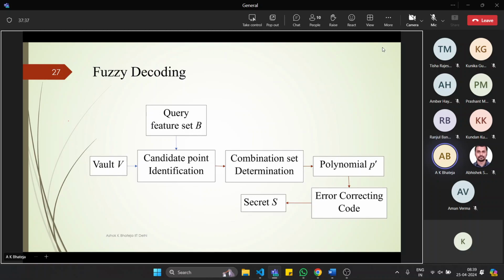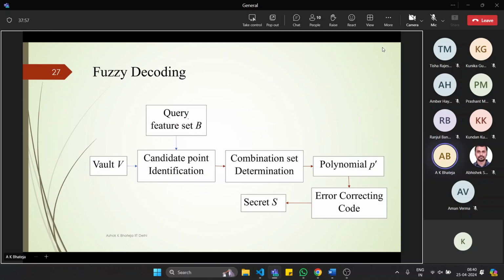So comparing with the x coordinate, this person can select the points which are on the polynomial. So candidate point identification, it is possible for this person who is the authorized person. Then combination set determination.